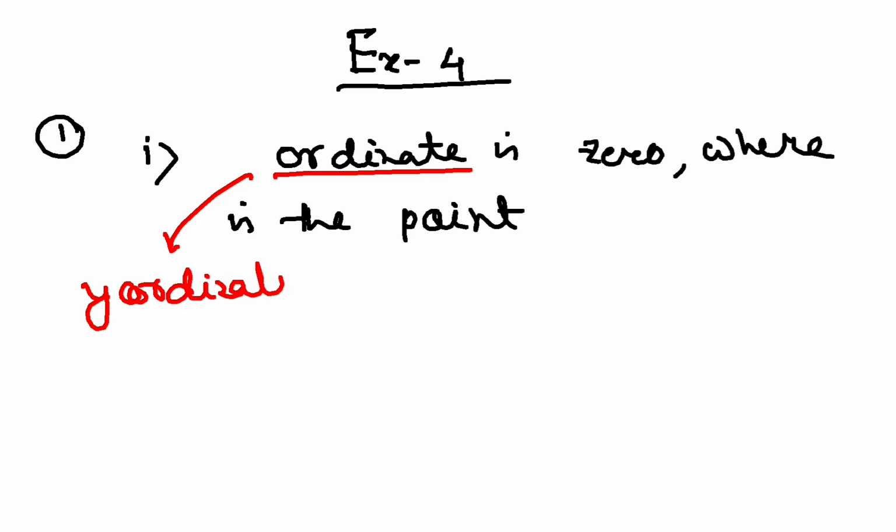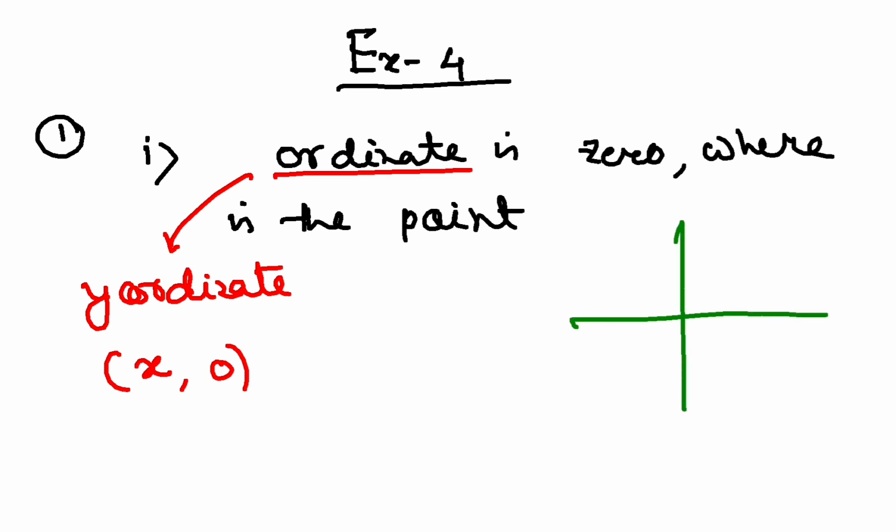So if a point has y, we don't know about x, but its ordinate or y coordinate is 0. So where will it be? If I draw a system, obviously y value is 0, x value can be anything. So it will be on this line only, right? X can be anything, but y will be 0. So the point will lie on the x-axis.